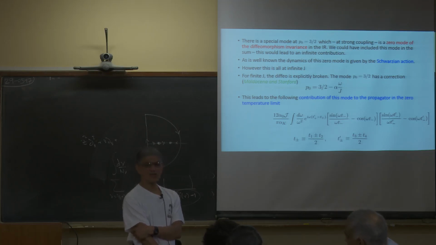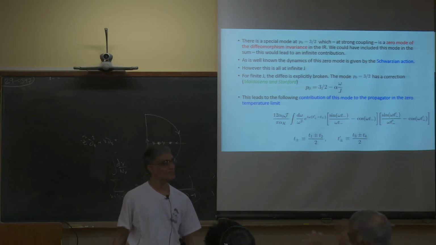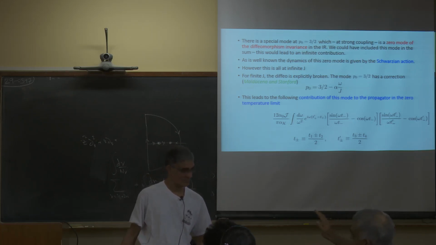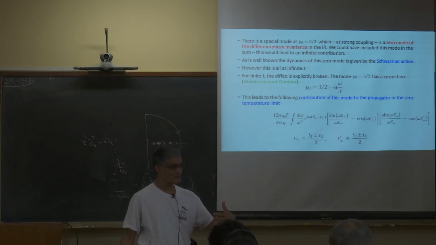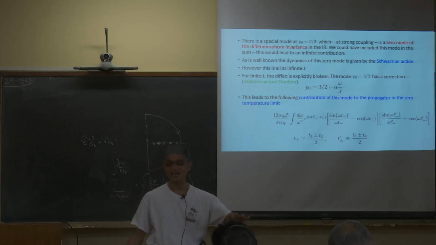For all the other p_m's, it has to be a function of omega upon j, right? Yes, nothing else. But what I mean is, at the fixed point you can measure the response of the system as you scale omega, and that is given by the anomalous dimensions, which are independent of omega. Yes, but this is a perturbation theory, an irrelevant perturbation around that fixed point, or coming from the UV, you have not yet reached that fixed point.